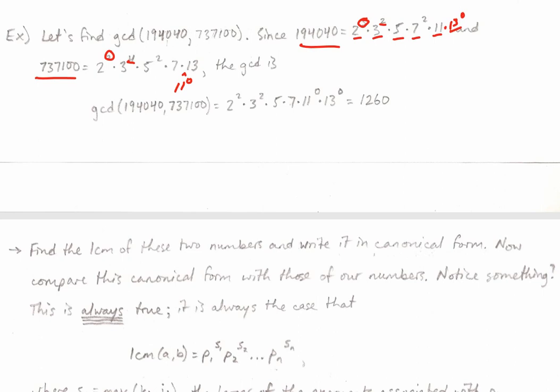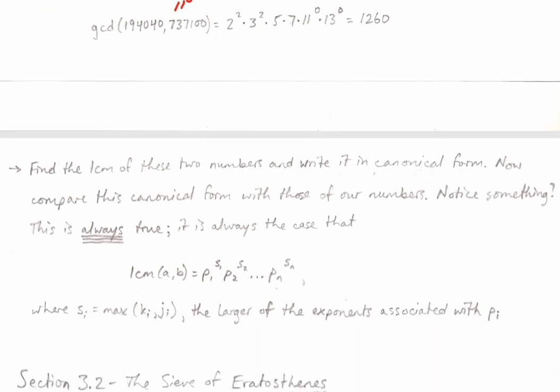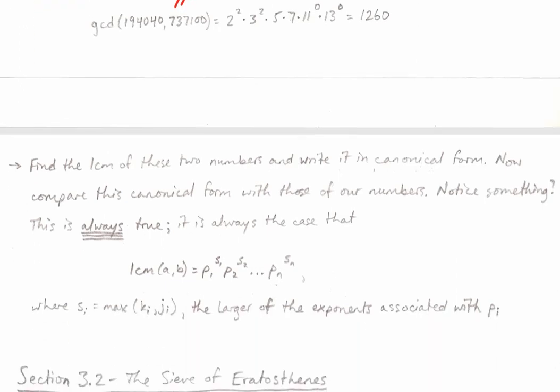You should notice that the exponents of the primes in your least common multiple are equal to the larger of the exponents on that same prime showing up in each of your 2 numbers, and that is always true. When you're finding the least common multiple of 2 numbers, A and B, the exponents on the primes are going to be the larger of the exponents associated with that prime in each of your 2 numbers.